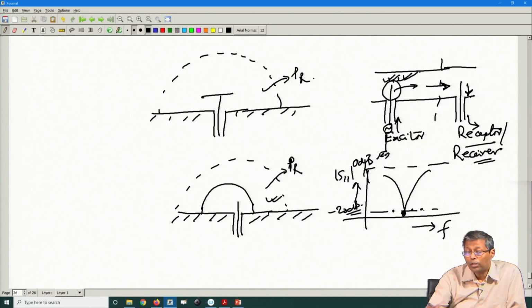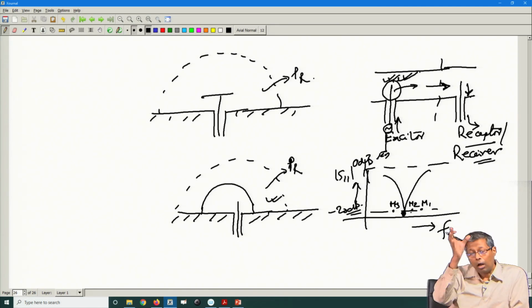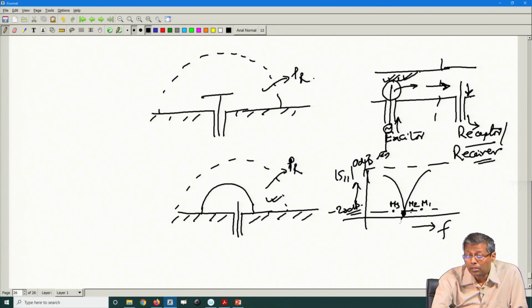As I told you, mode M1, mode M2, mode M3, which is contributing which kind of power here, how much power, whether mode M1 is predominantly contributing here or mode M2 or mode M3. So, I want to find out a chart listing at this resonance frequency Fr how much power is being contributed by all these modes.